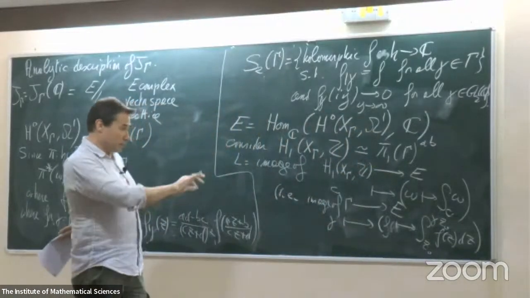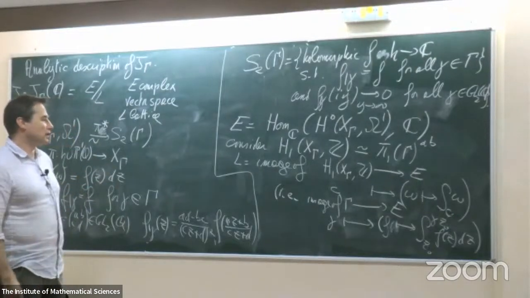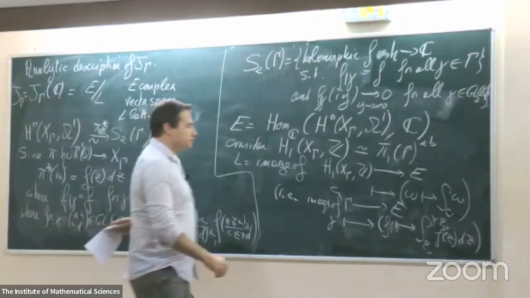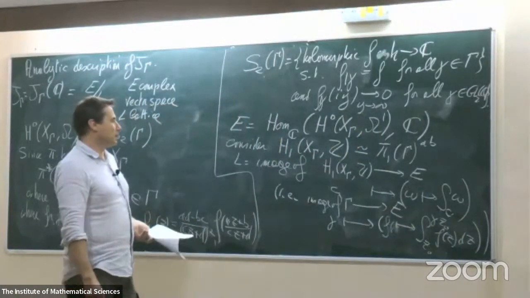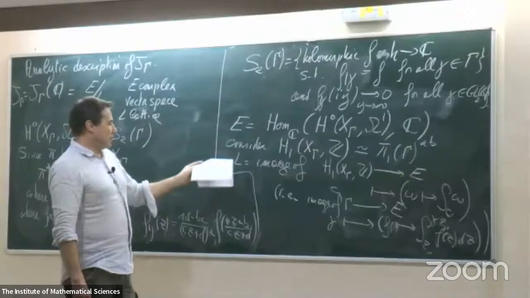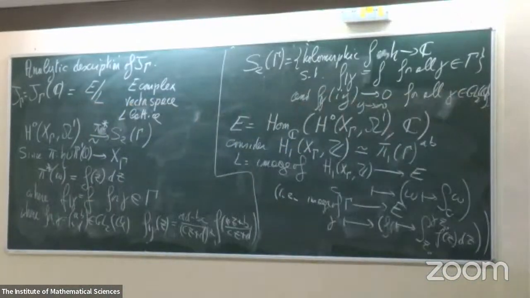It's the same thing, and Z0 is any point in the upper half plane or even on P1 of Q. It doesn't matter. So that's another way of describing this L, and the theory tells you that L is actually a lattice in E.